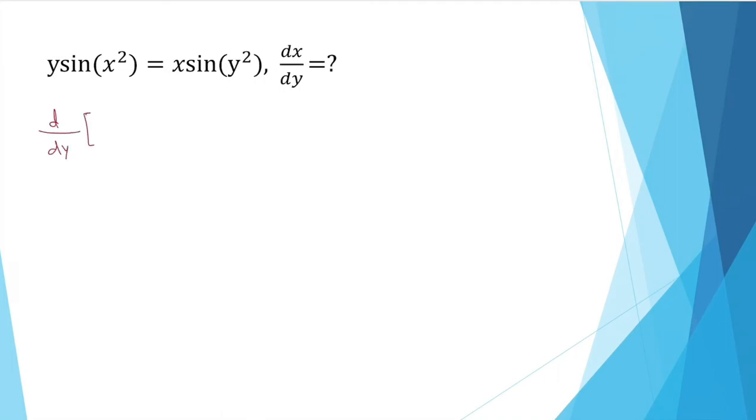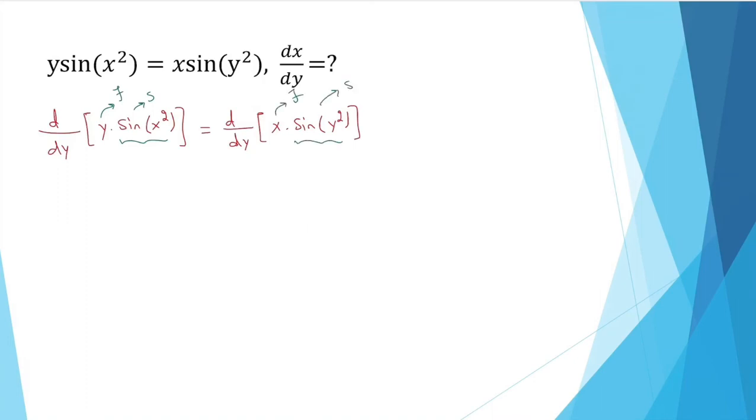So the derivative of y times sine x squared with respect to y must be equal to the derivative of x times sine of y squared with respect to y again. We see a product between y, that's my first function, and sine of x squared, I want to call that my second function. And similarly, x and sine of y squared, my first and second functions.